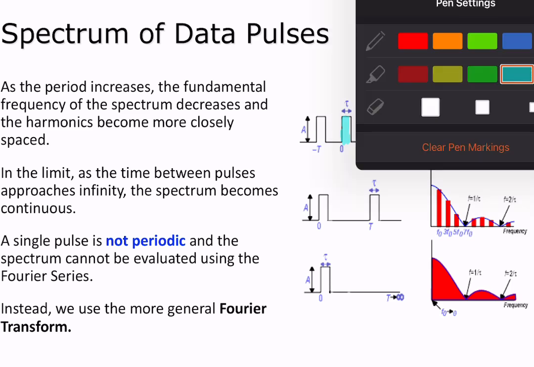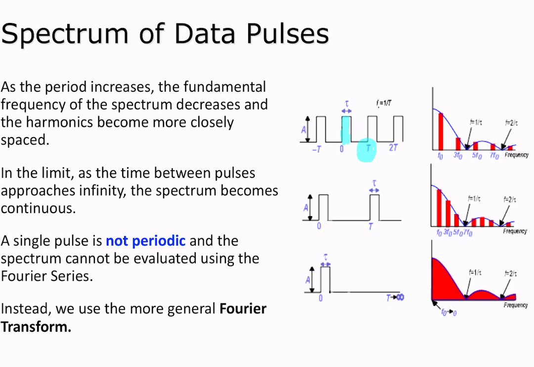Now, it just happens, and you'll see this in the problem class, that F0 is related to this period, and you know that. So F0 is 1 over T. We all know that. What you might not have known is that the zero crossings here are related not to T, but to tau. They're related to the width of the pulse.